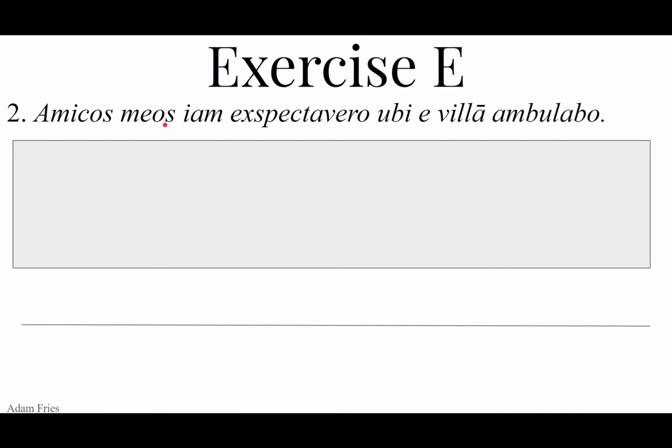Meos, from meus, a, um, it's an adjective, my, mine, and it's modifying the noun amicos. It is accusative, plural, and masculine as well. So amicos meos, my friends, accusative, plural, and masculine, and something's happening to my friends. Some action is occurring to them because they are the direct object.